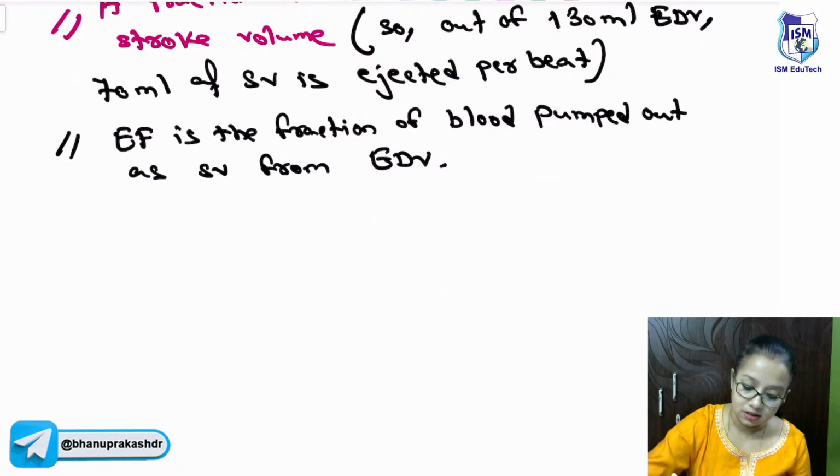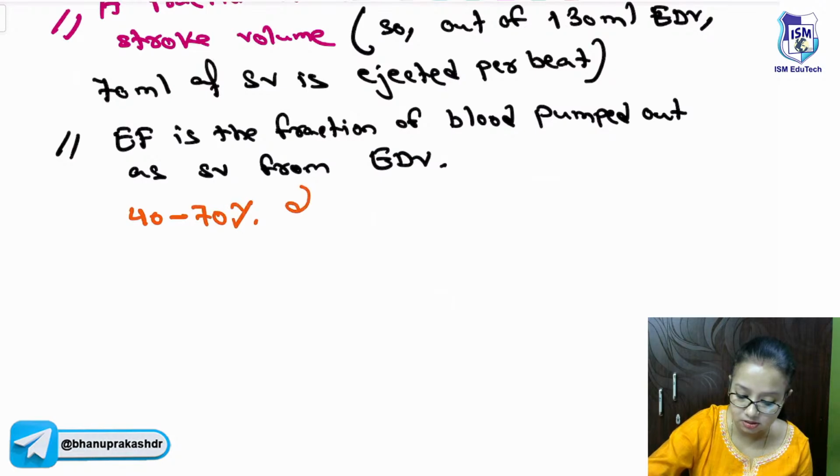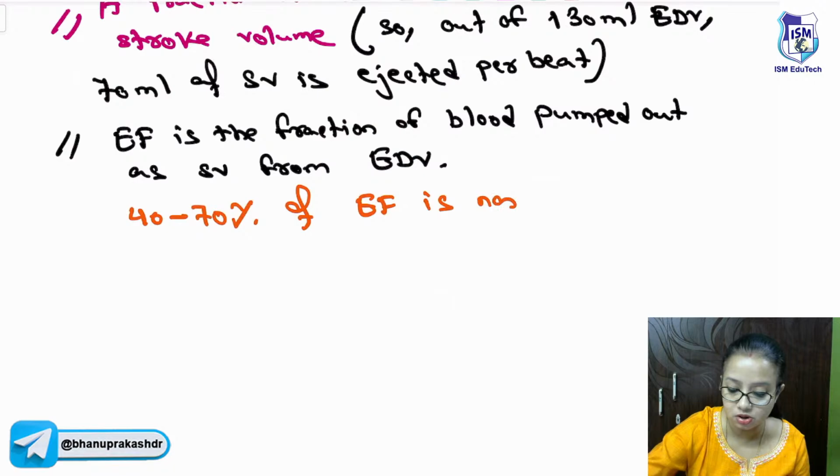So 40 to 70% ejection fraction is normal. What do we mean by that?